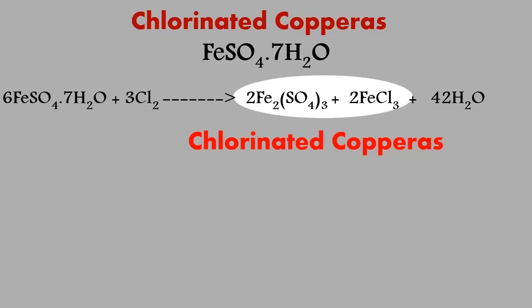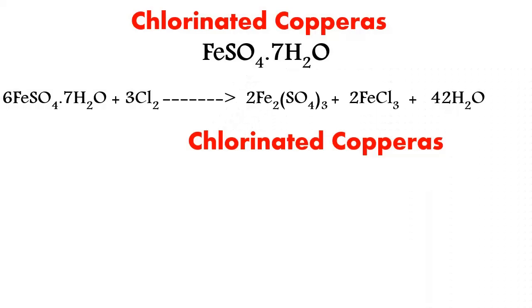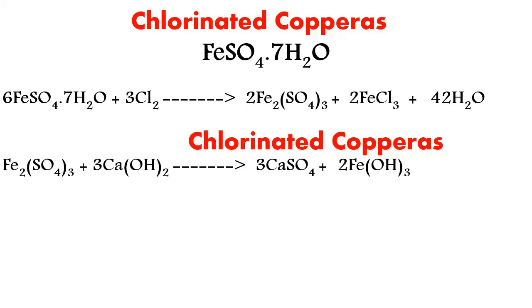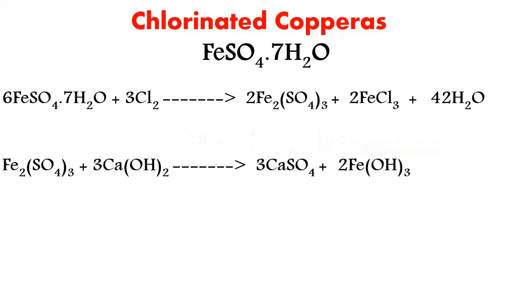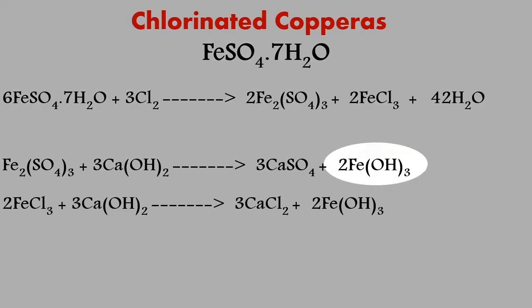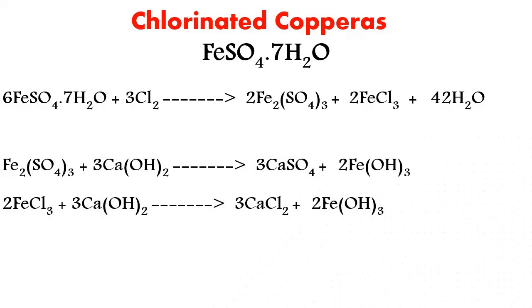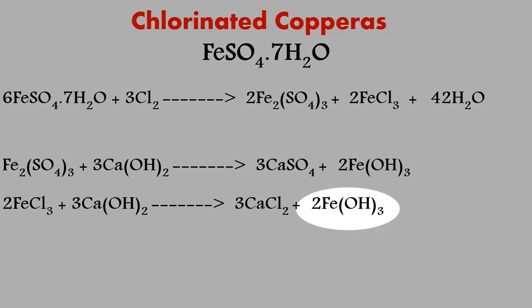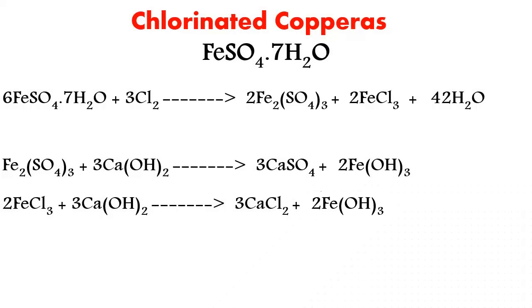And out of these two, one reacts with the hydrated lime and produces ferric hydroxide precipitation that was required for us. And the other one again reacts with hydrated lime and again gives ferric hydroxide precipitation. Again it was required for us. Likewise we are getting floc here, Fe(OH)3.